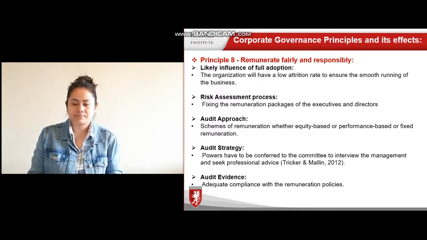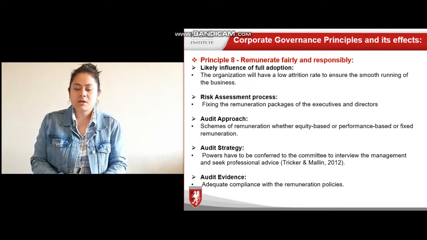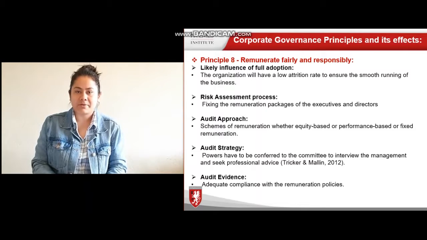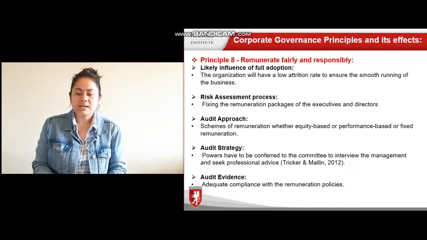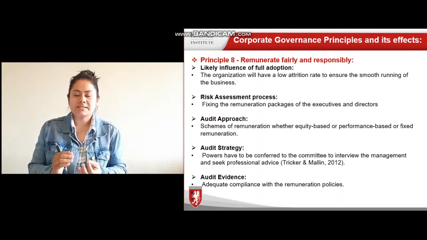In the risk assessment process, there is a fixing of remuneration packages of the executives and directors. Secondly, in the audit approach, there is a scheme of approach for remuneration, whether equity-based performance or fixed remuneration is applied.